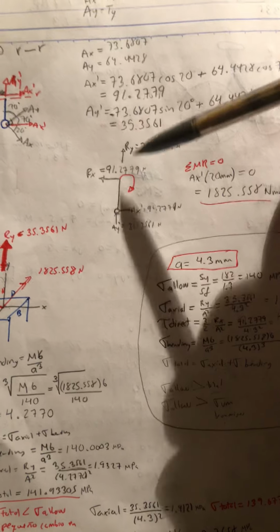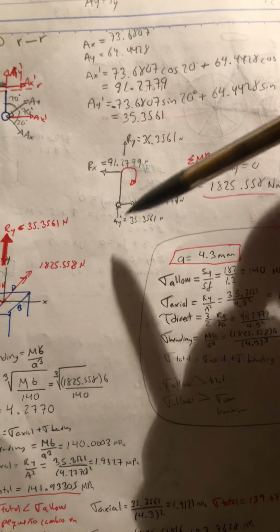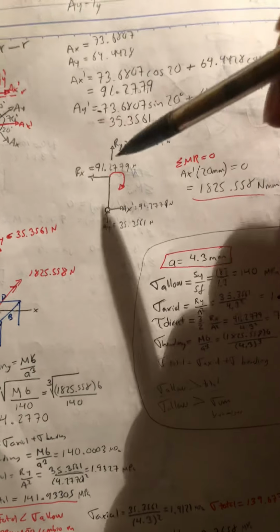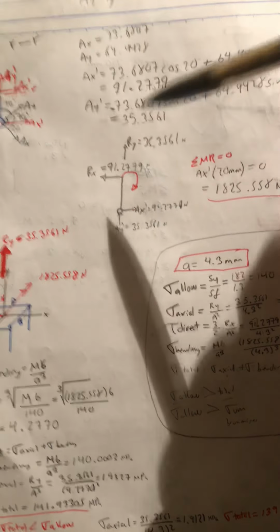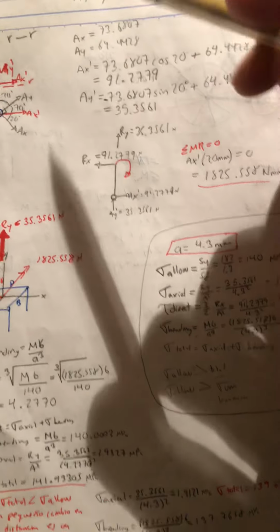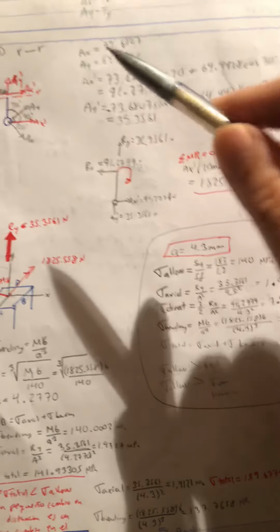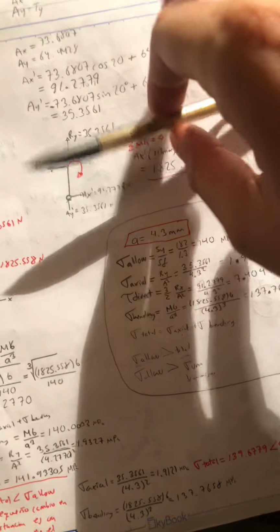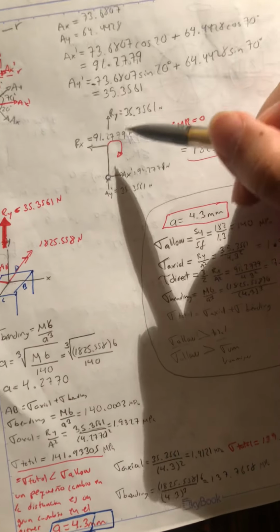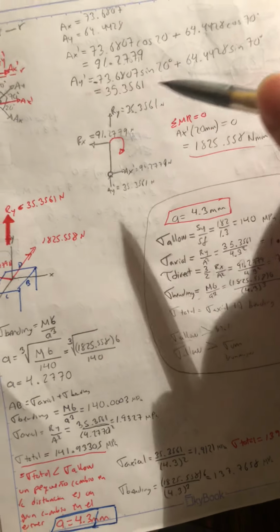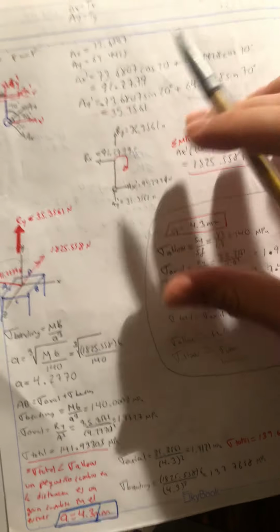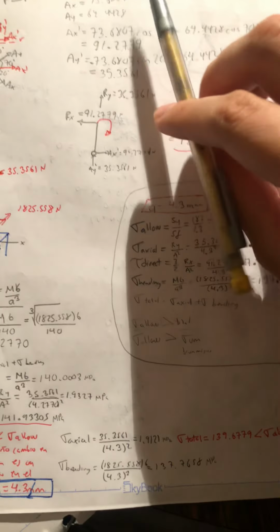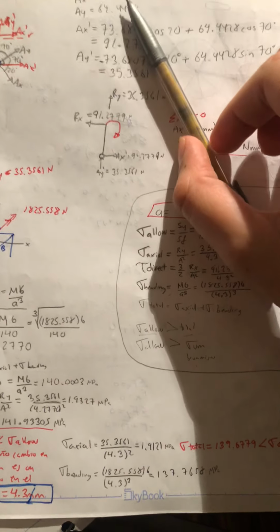These forces are given by the reactions of Ax and Ay, and since we have reactions here and reactions here, we could say that this part is spinning freely. So we will need a moment to make this part stay in the same place and not move.